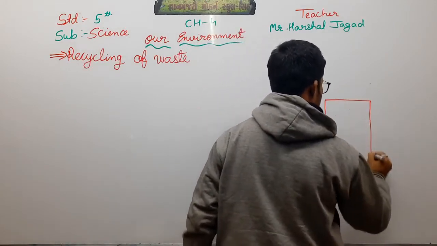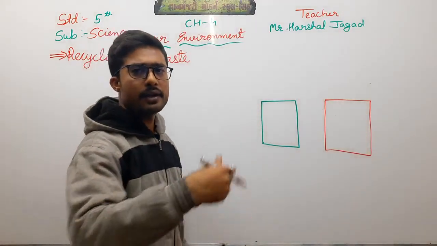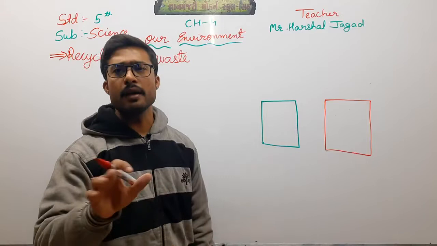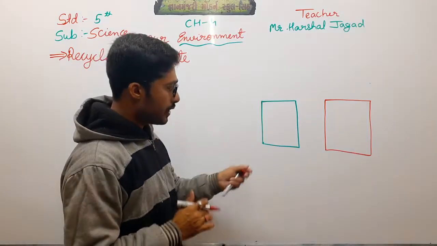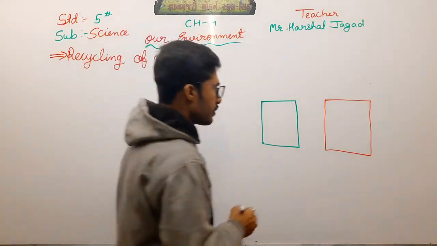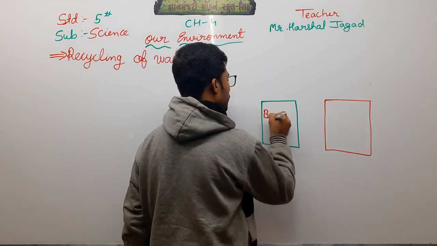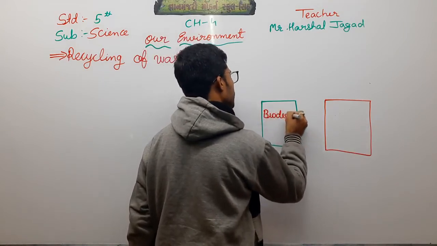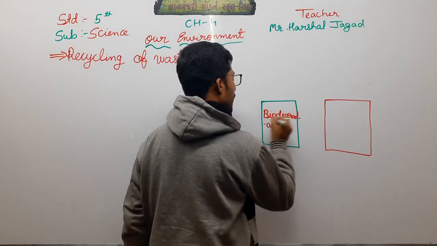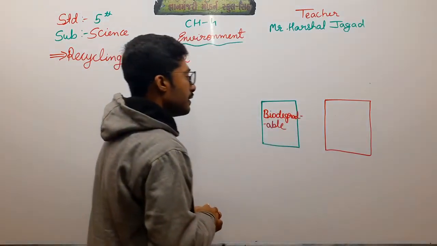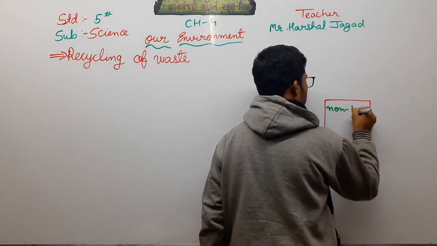We all know that first we just threw garbage on the road or in the street, but due to some restrictions, two dustbins are now seen nearby. Here the green dustbin is for biodegradable waste, and the red dustbin is for non-biodegradable waste.